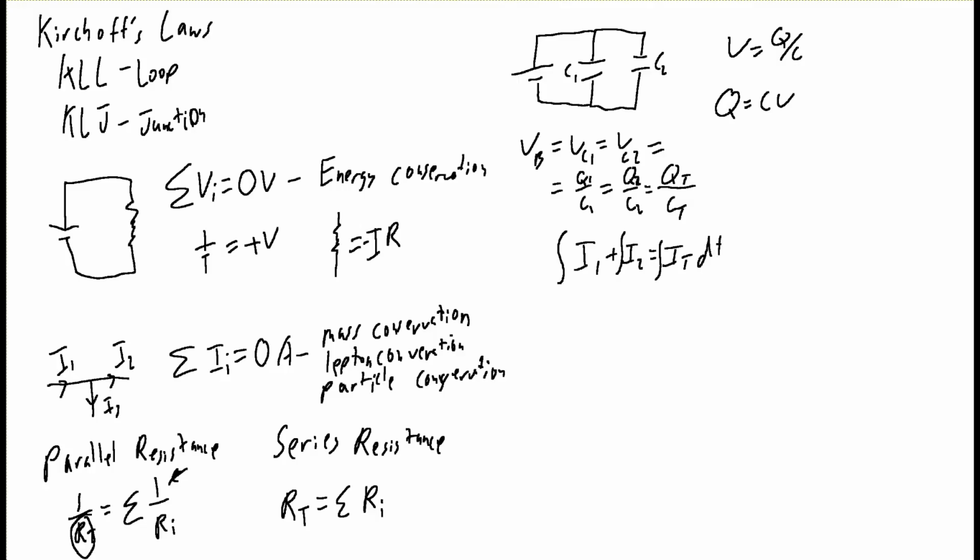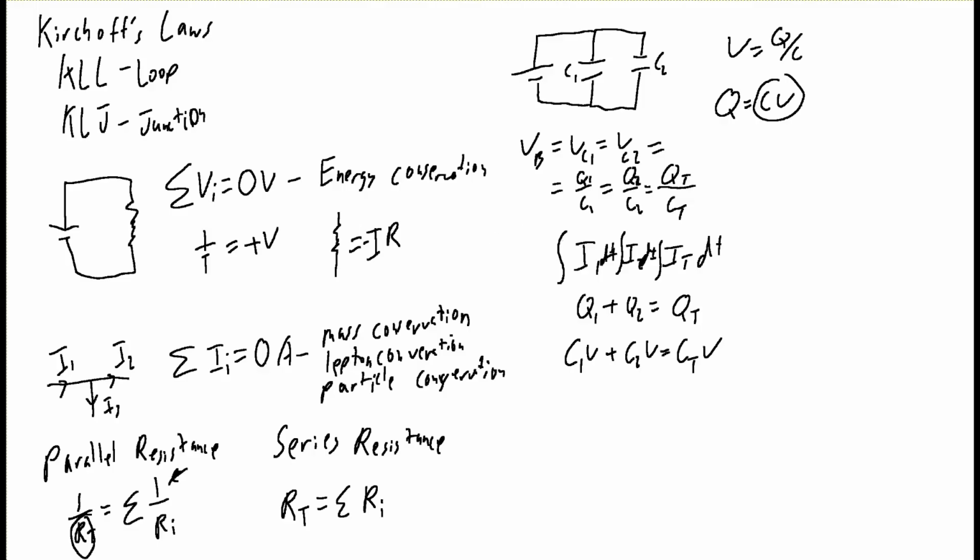So we end up with Q1 plus Q2 is equal to Q total, and then I can make use of this, and we find that these are equal to C1V plus C2V, and that is equal to our C total V. There we go. That works.